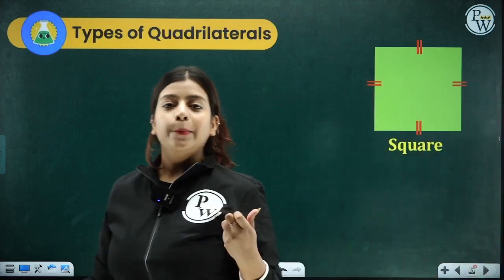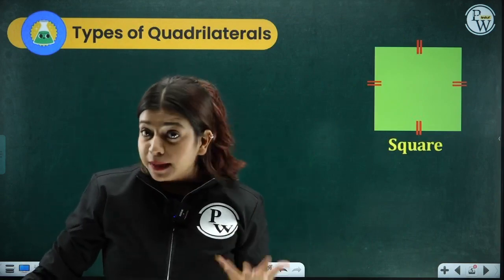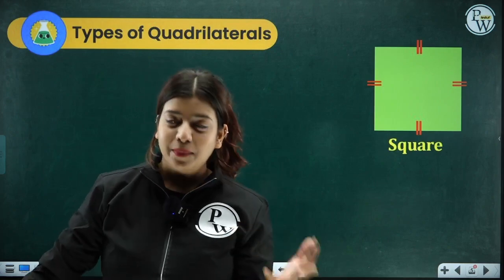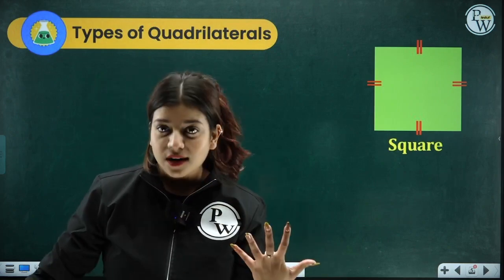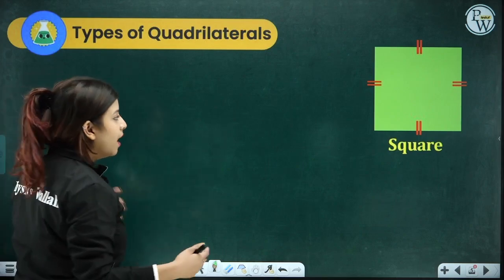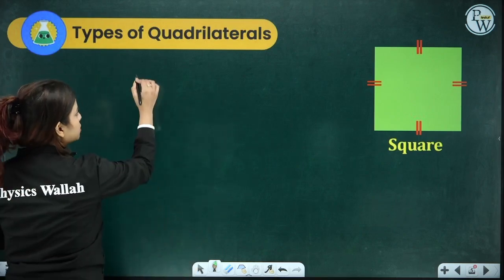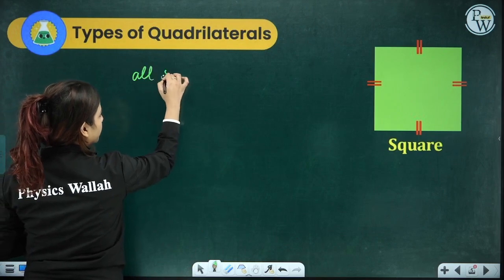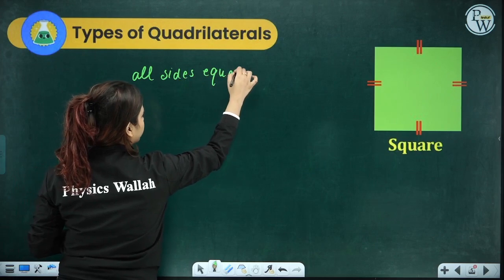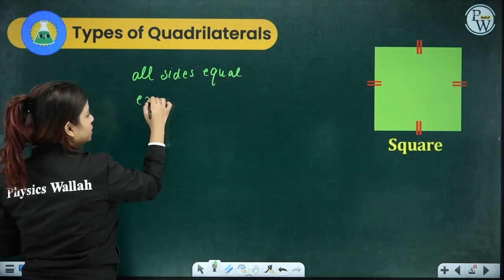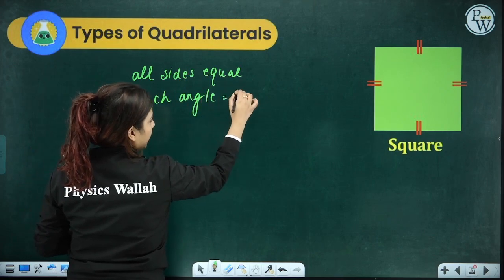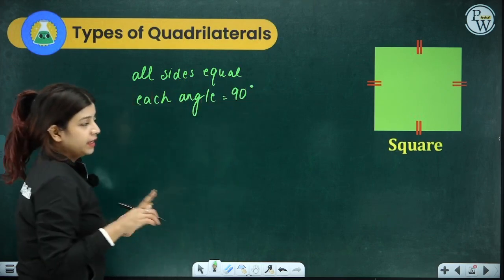In this chapter, there are various types of quadrilaterals that we are going to talk about. The very first is the very basic one that we have always been studying, a square. What are all the properties of a square that we are already aware of? First of all, sides are equal, right? So in a square, all sides are equal. After that, each angle is 90 degrees.